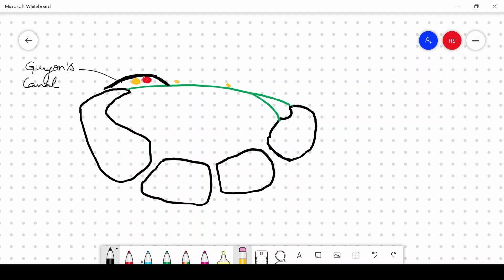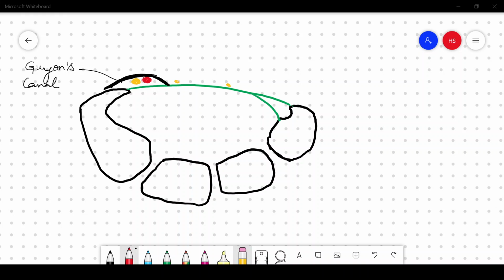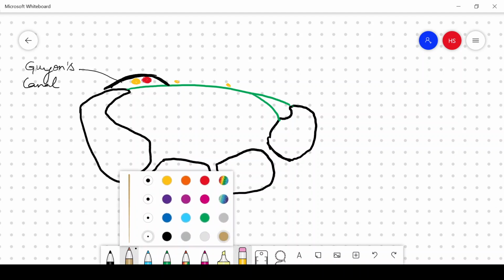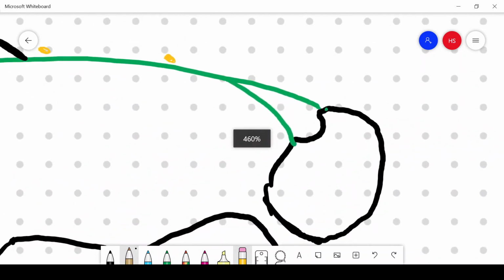Okay, so then what is passing through the carpal tunnel? First of all, we will draw tendons and their synovial sheath in brown color. I will zoom in more.